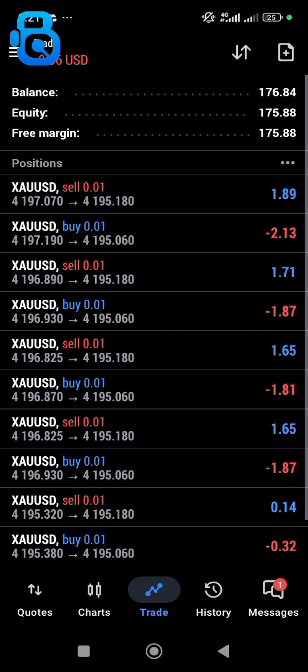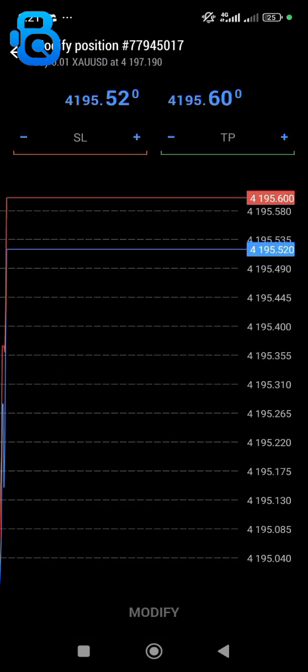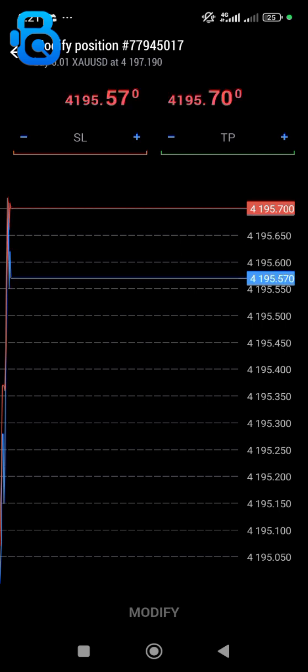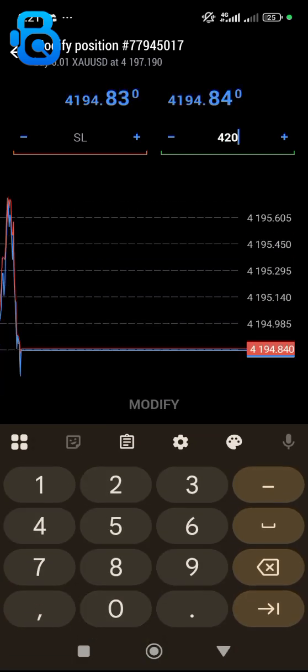So let me do this for the buy. Modify position. What is going to be my take profit point for my buy? It's going to be 4207.19.